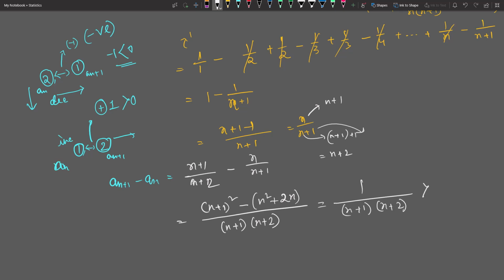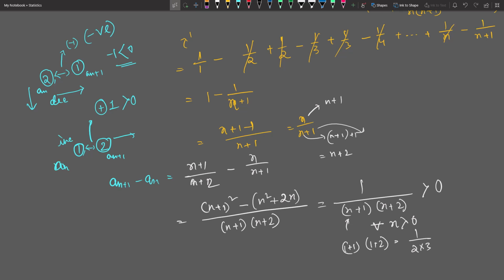And this is always greater than 0 for all n greater than 0, because you can put 1 here and you will get 2 into 3, isn't it?